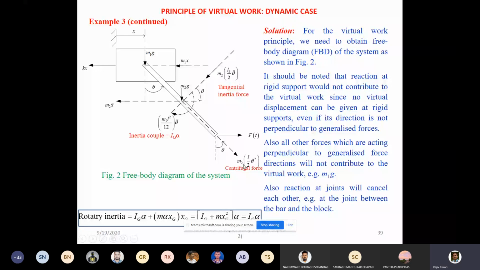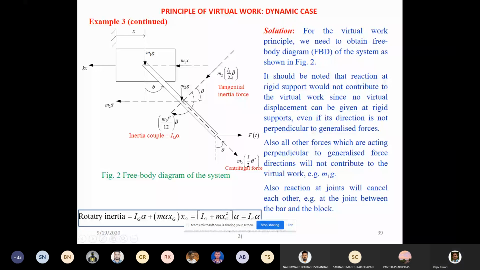So this is the centrifugal force, which is acting radially outward. And then we have the tangential inertia force. Theta double dot is the angular acceleration, giving tangential acceleration, and m2 is the mass of the bar at the center of gravity, where L by 2 is the radius at which the center of gravity is located.